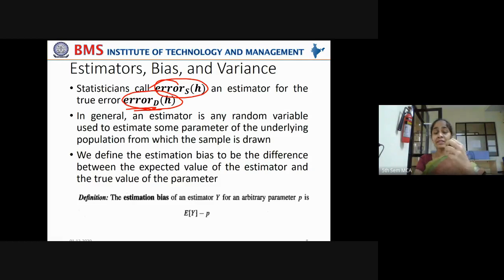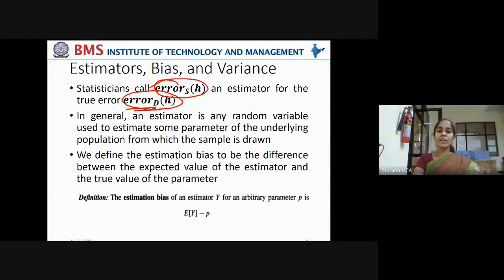No. You're just saying that this sample error is an estimation of the true error. They may not be equal, and we can't make them equal, but we should see that they're close enough. The sample error should be close enough to the true error. Only then can you say that your machine learning model is highly generalizable.